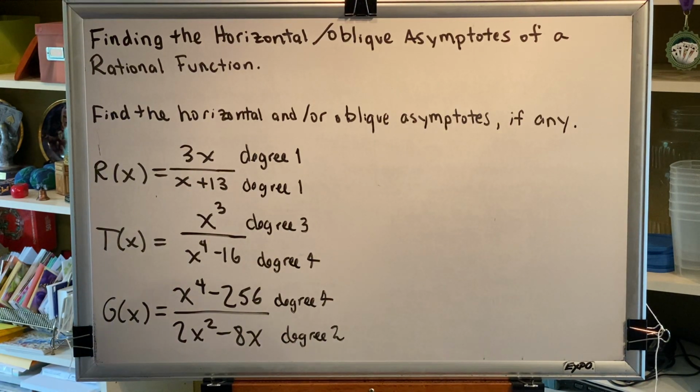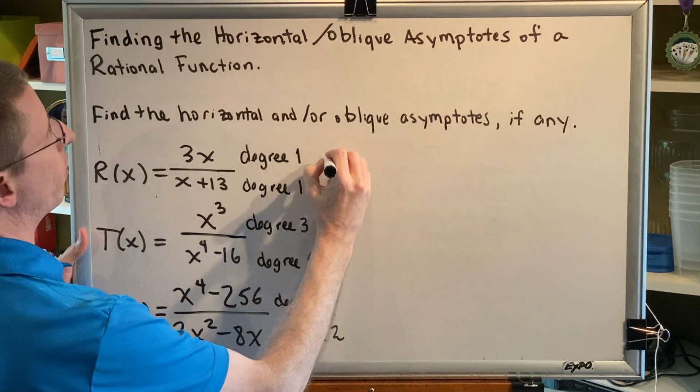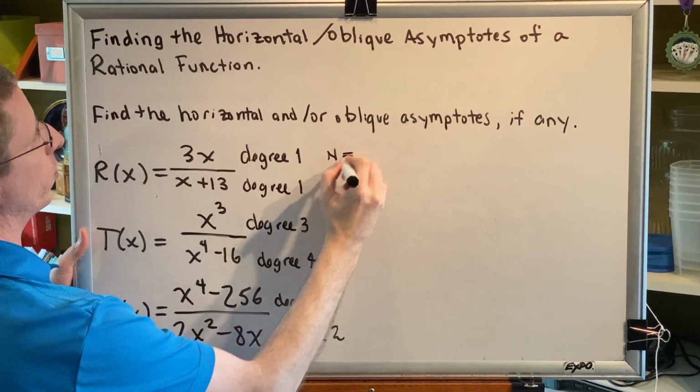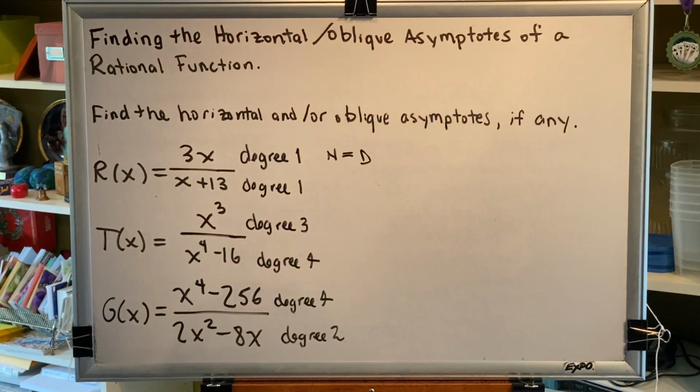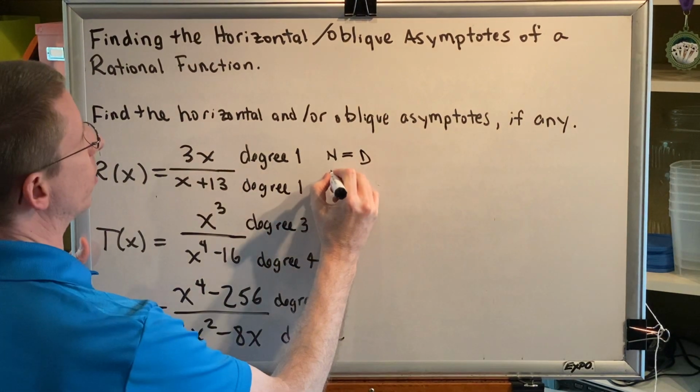Okay, the next step is to compare the degrees of the numerator and denominator polynomials. Let's return to r of x. We find that the degree of the numerator polynomial, 1, is equal to the degree of the denominator polynomial, which is also 1. This is action B from our list of actions.